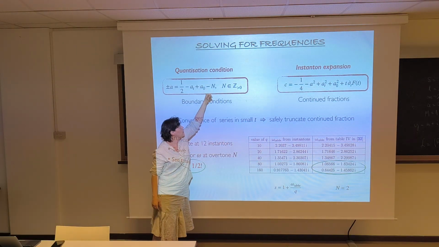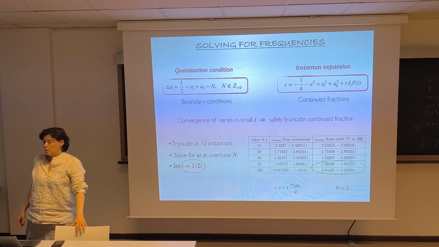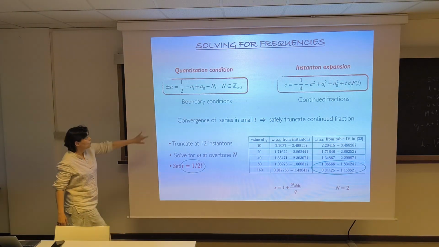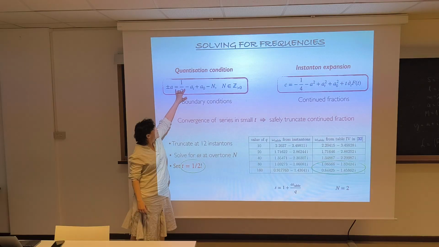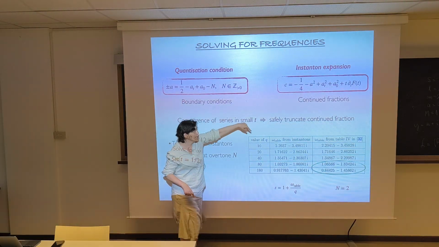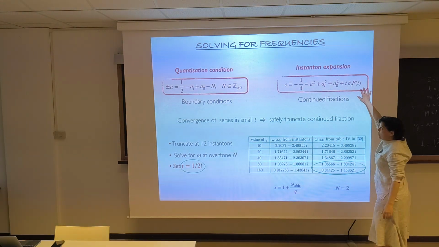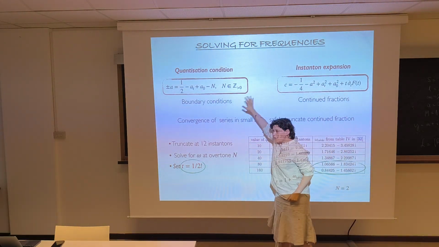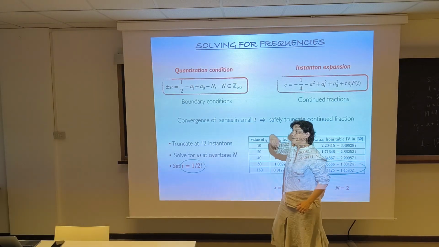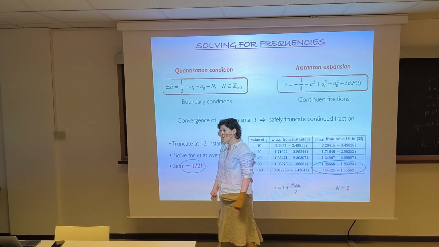You can do n equals 1, n equals 2. These are not obvious here, but they depend on my quasi-normal mode. The C depends on my quasi-normal mode. This is an expansion that is known. And if you include the two, you can solve for omega of t for fixed values of n.